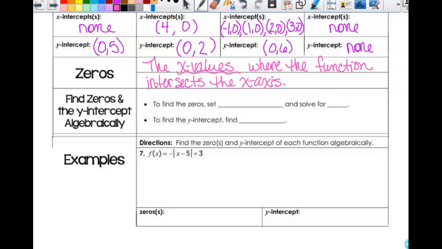So when we're talking functions, if you want to find the zeros, we know that the zeros, like the x-intercepts, are where y equals 0. But we're talking functions, so y is really f of x. So we set f of x equal to 0 and solve for x.